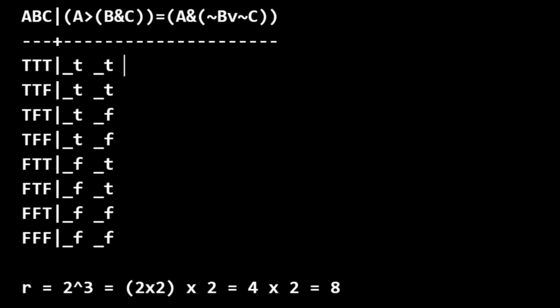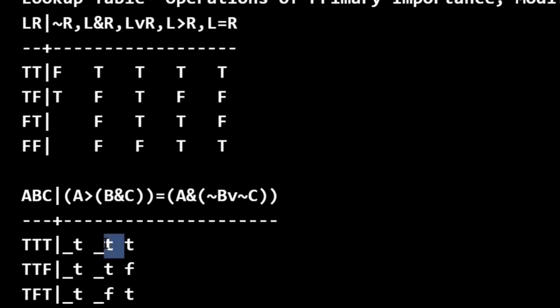Now C is from the interpretations, alternating true and false. Now, looking within these inner parentheses, we can evaluate the conjunction with B on the left and C on the right. So for the first interpretation, we have true, true, true, go over to conjunction. That is true, true, false, true, false. Conjunction says false, false, true.